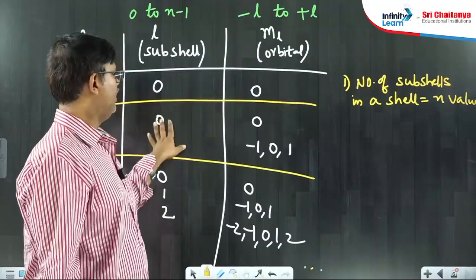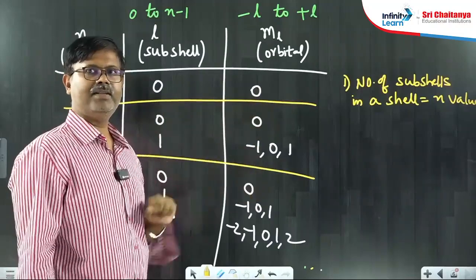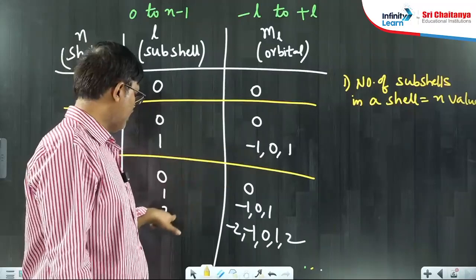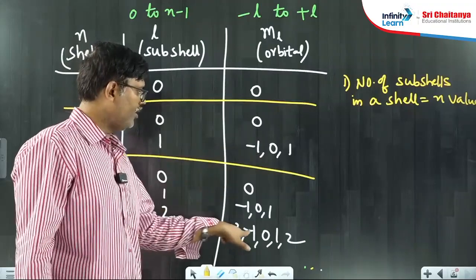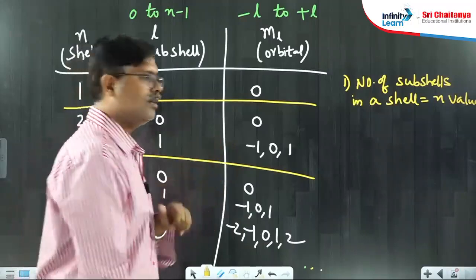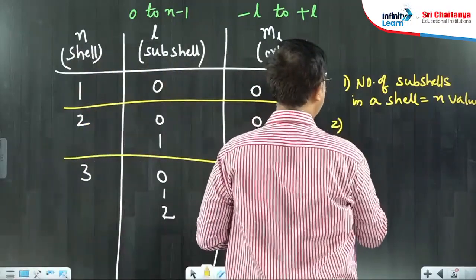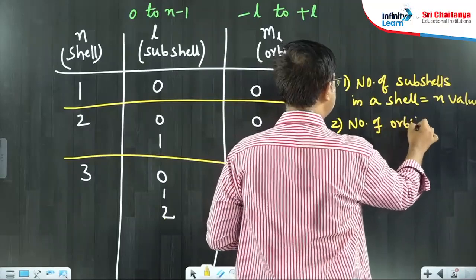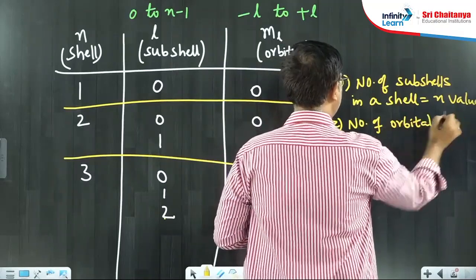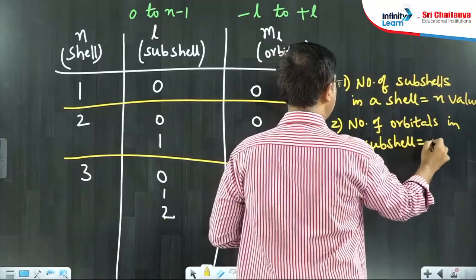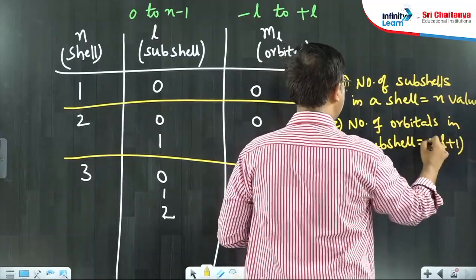Next. Now in a subshell, there are various orbitals. Suppose in the first subshell, 3 orbitals are there. In the second subshell, 1, 2, 3, 4, 5 orbitals are there. So how to connect them? See, number of orbitals in a subshell is equal to 2L plus 1.